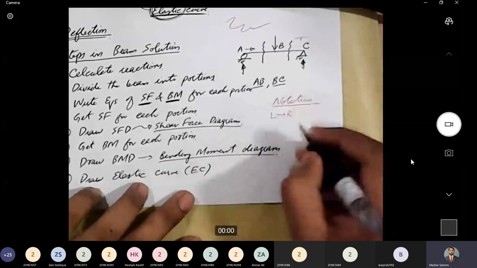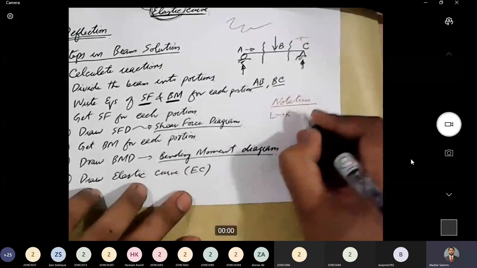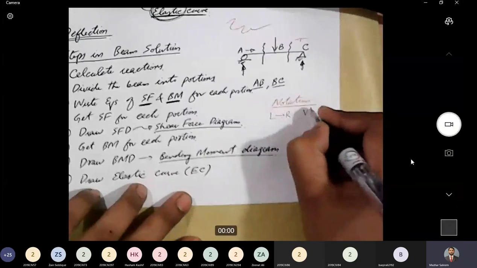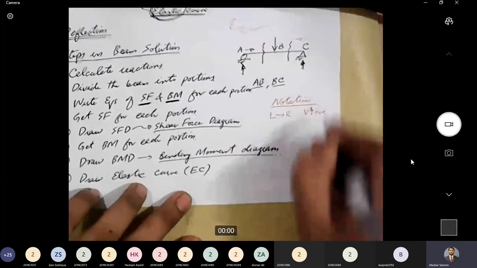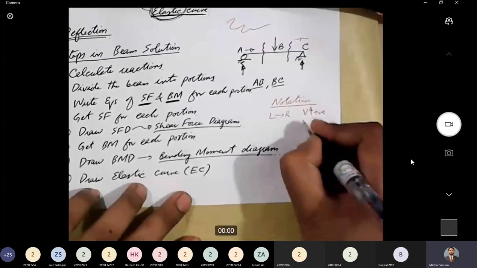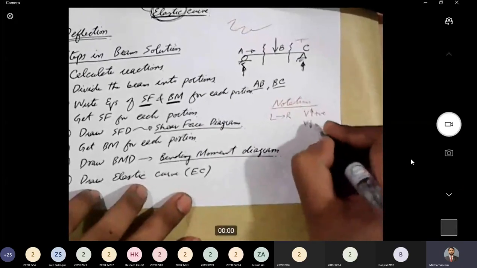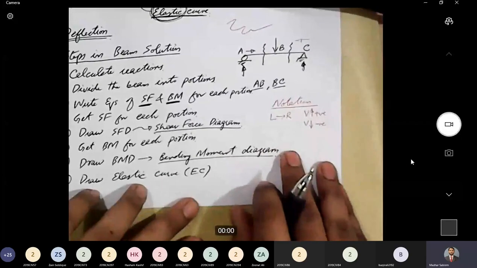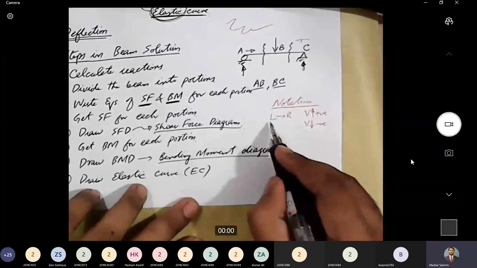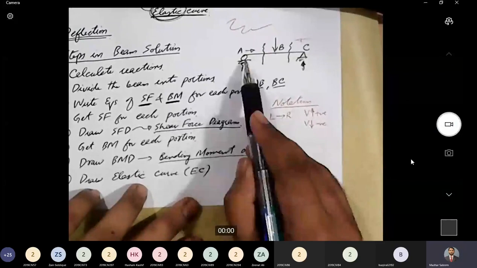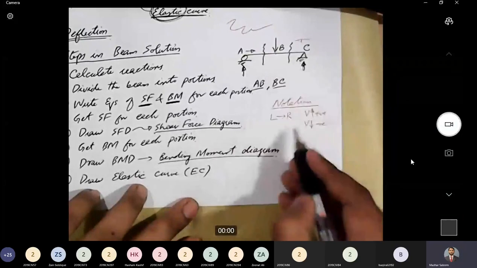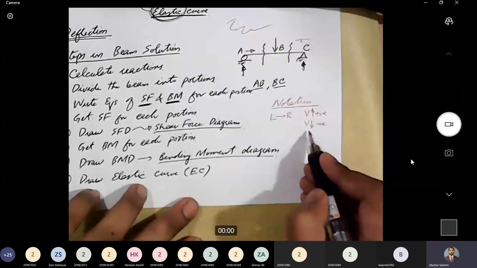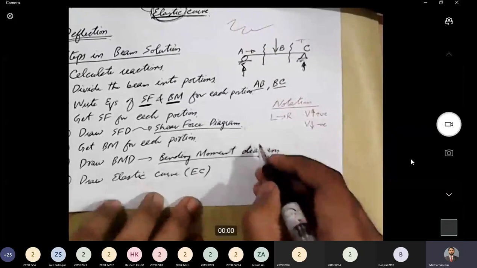In this direction, our shear force V upward will be positive and shear force downward will be negative. This is the convention that we will be following. We will always move from left to right in solving the beams, and we will take upward shear as positive and downward shear as negative.